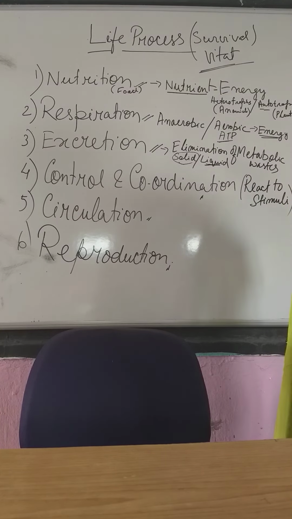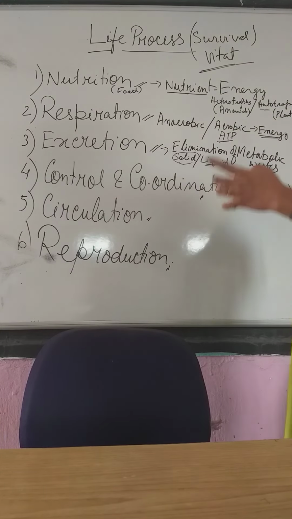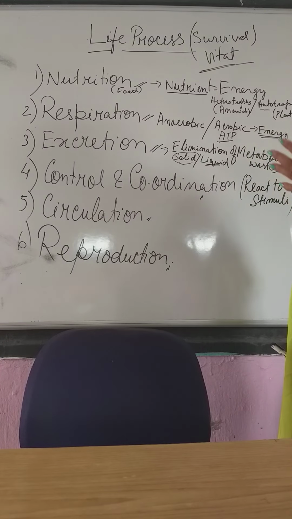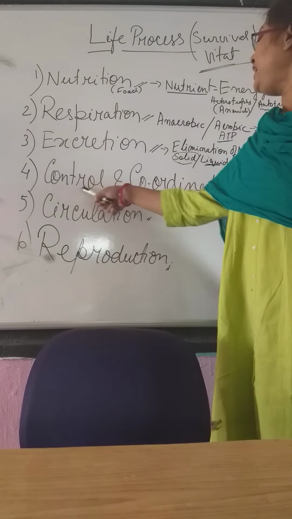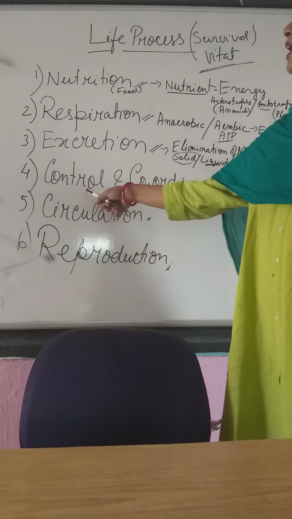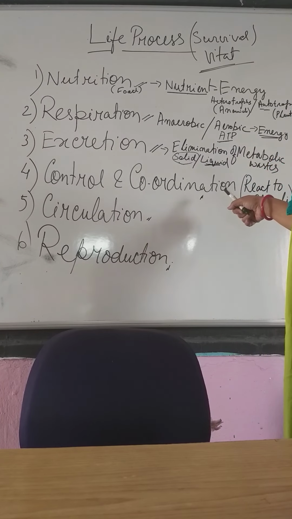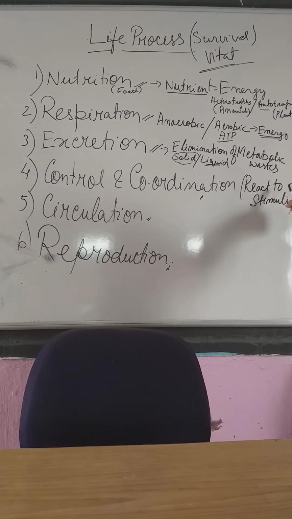If you are thirsty, you will go to the water and drink. Whenever you want to stand, you will stand; whenever you want to talk or sit, you do. This is entirely done by the brain and a system of nerves. So this reaction to stimuli is another important process essential for life.